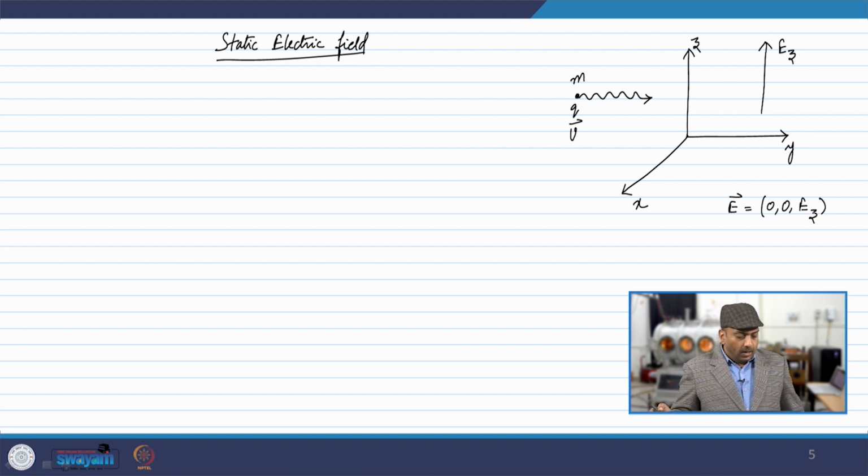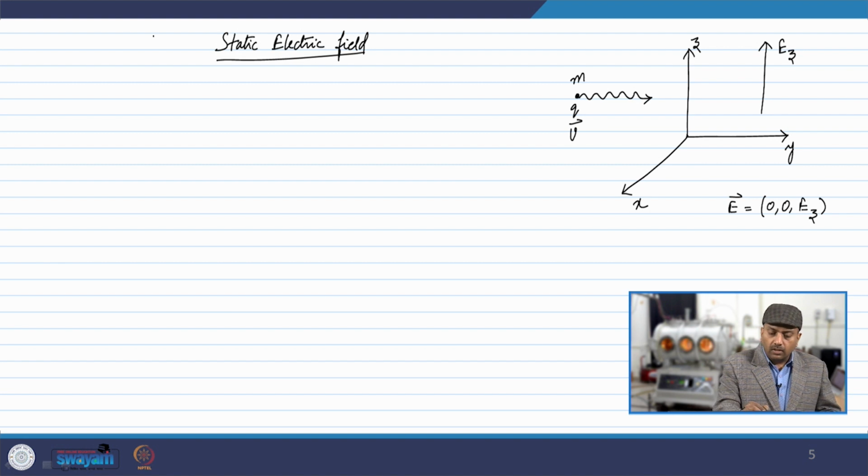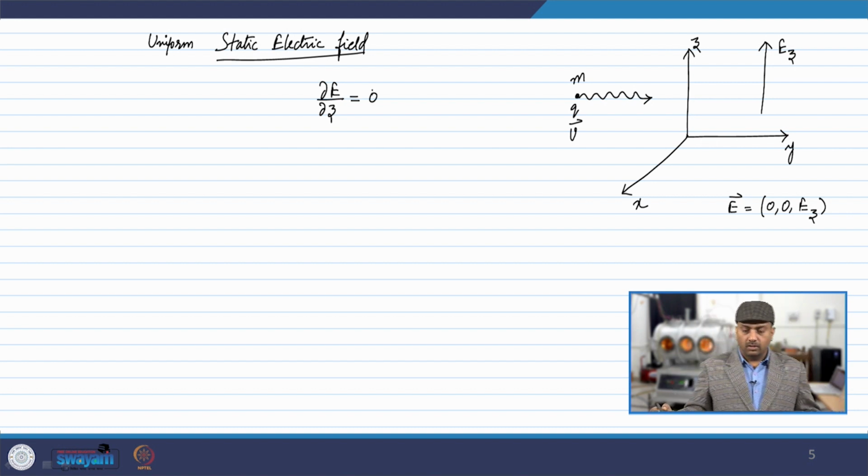Right. So, by saying uniform, we are saying that the electric field is not changing its magnitude as a function of the distance. So, it is constant along a particular direction, right.